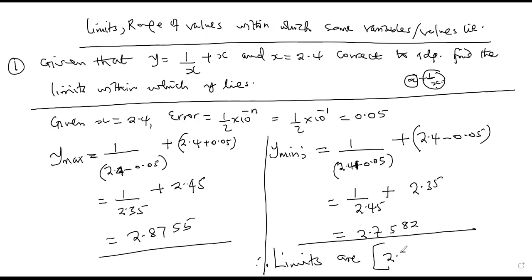So 2.7582, comma, then the maximum 2.8755. So that is how we get the limits.